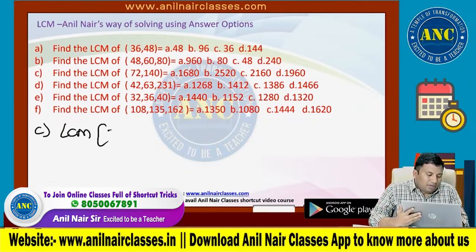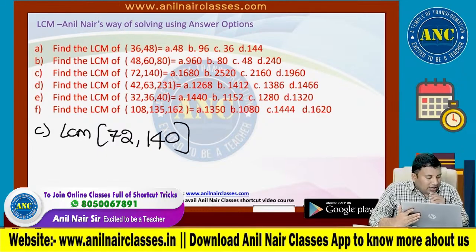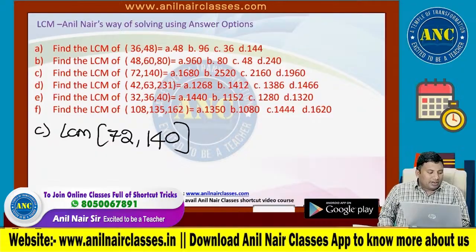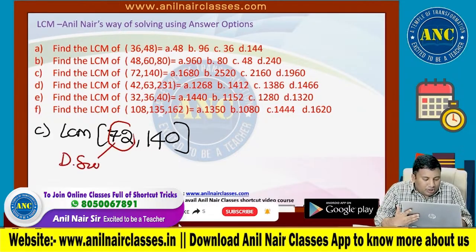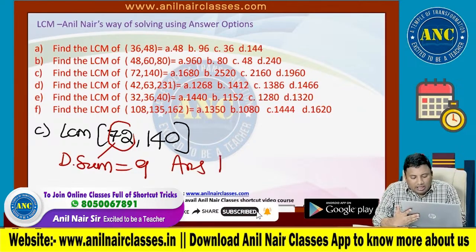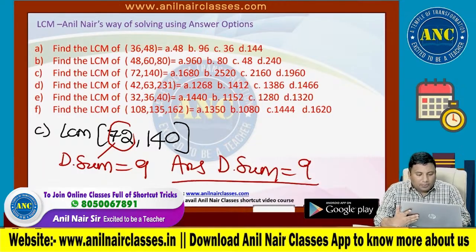LCM of 72, 140. Listen carefully. 72, 140. 72, digital sum is 9. Answer digital sum should be 9. Check by answer options.